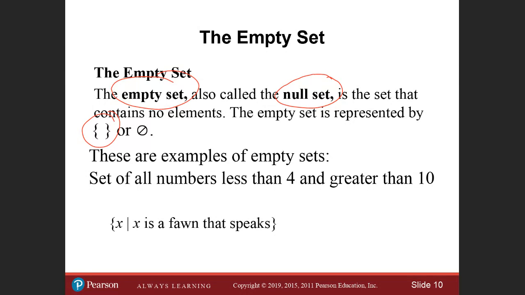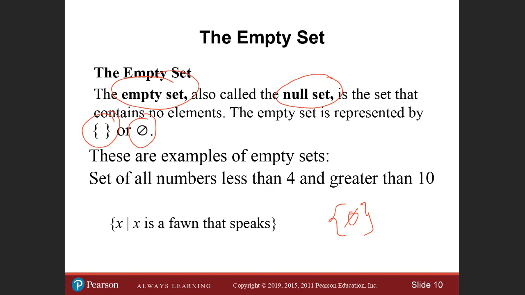Or you can have a circle with a forward slash, and that also represents an empty set.